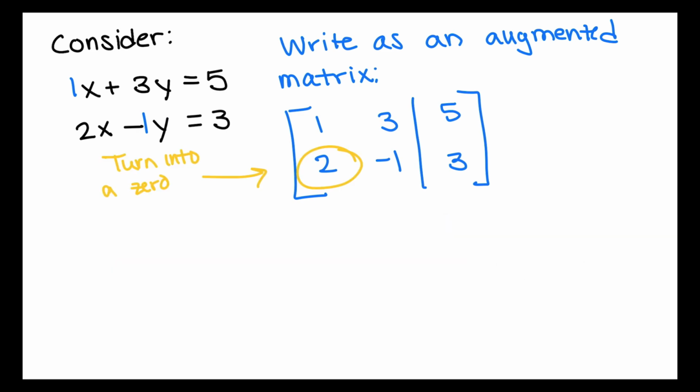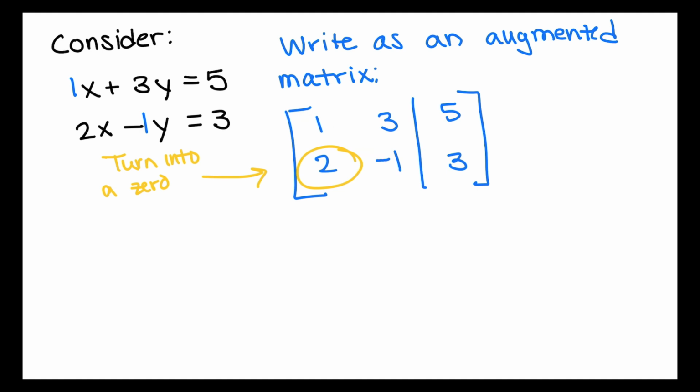So here's my matrix. If I want to put this in row echelon form, I draw my diagonal line. That means this 2 that I've circled in yellow has to turn into a 0. So I'm going to turn that 2 into a 0. And I'm going to do that by adding multiples of the rows together.